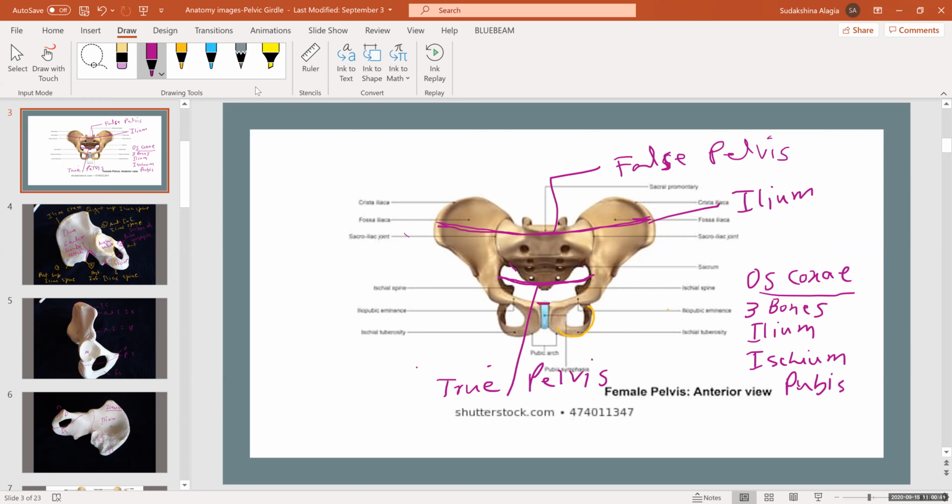Just because the distance between two ilium gives a broad, wider hip, so to speak, from a naked eye perspective, doesn't mean that the distance between the two ischium area is also wide. It may or may not. So the true and false pelvis actually stemmed from that thinking. Just some of the interesting history of humanity.